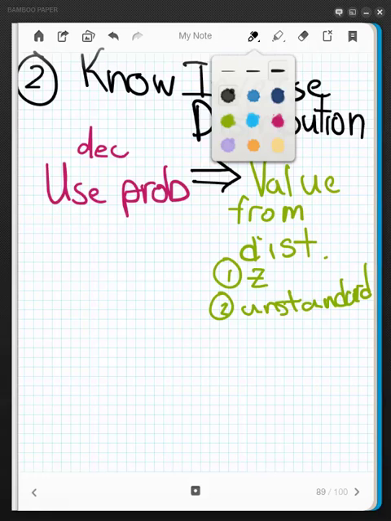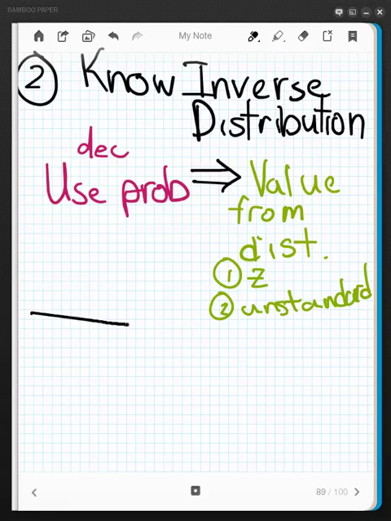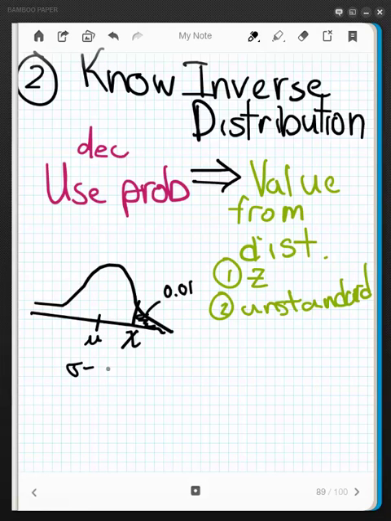So remember when we had this, and there's this value over here that is the highest 1% of the population. What value represents the highest 1% of the population if my mean is some given value and my standard deviation is some given value? What value in the distribution represents that? That's an inverse distribution.